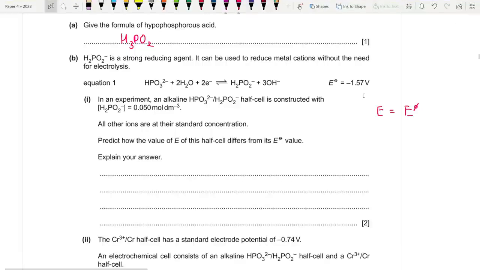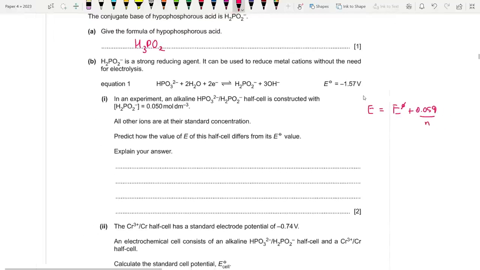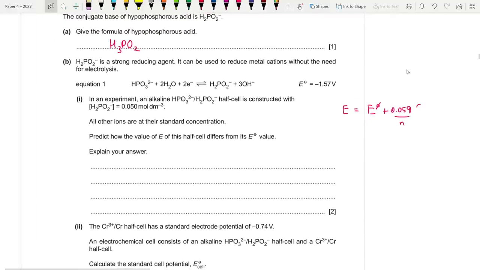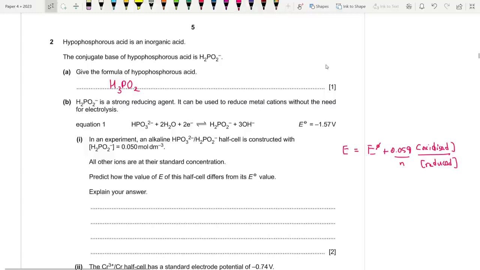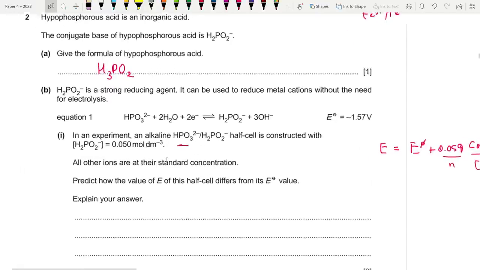So we just go for E is equal to E standard plus 0.059 divided by N, concentration of oxidized state by reduced state. So what is the oxidized state over here? If you guys think about it, it's always the one that comes first, honestly. Like check this, Fe3 plus Fe2 plus electrode. It's like this because if you go from left to right, it shows a reduction. So check this.